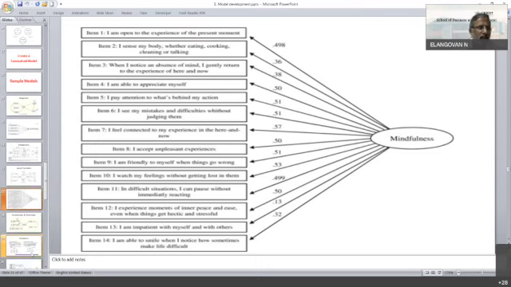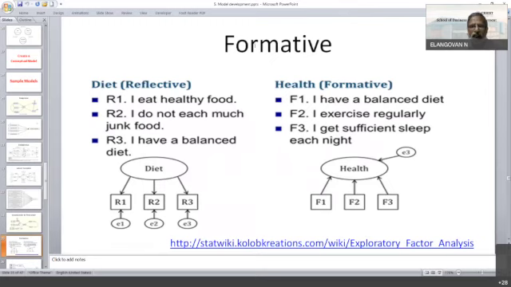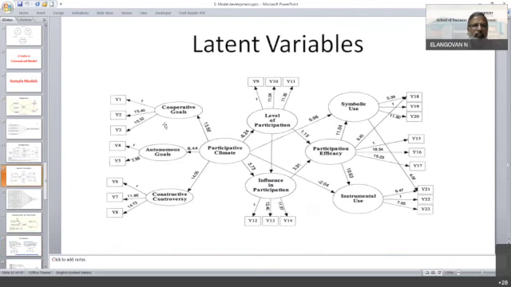So coming to this formative and reflective variable, that is the confusion of the arrows. You may ask, this cooperative goals, you are saying that it is being measured by Y1, Y2 and Y3, but why is the arrow in this direction? This arrow is called reflectiveness.